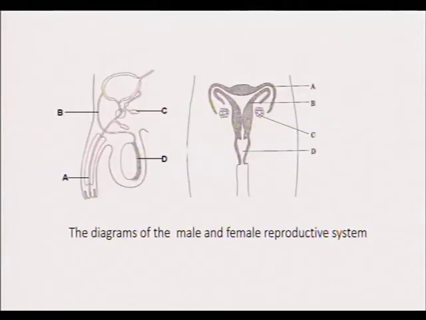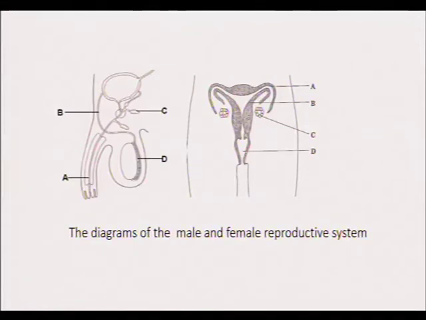Okay, there, for example, we have the two diagrams. One diagram is of the male reproductive system, and the other is of the female reproductive system. As you can see, they are labeled A, B, C, D. A structure is usually labeled, so you have to know the name of the structure and the function of the specific structure.